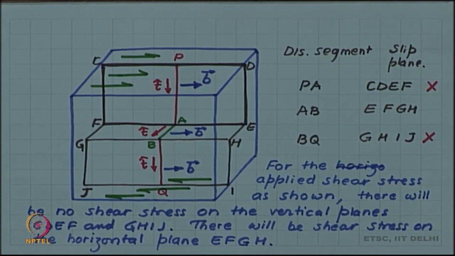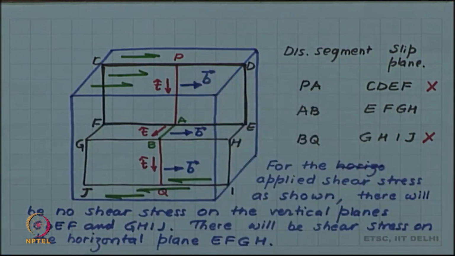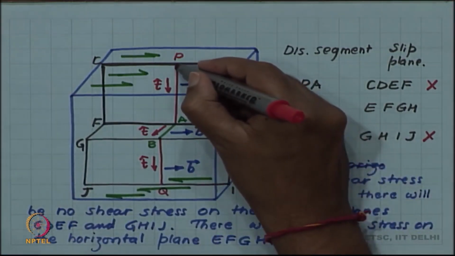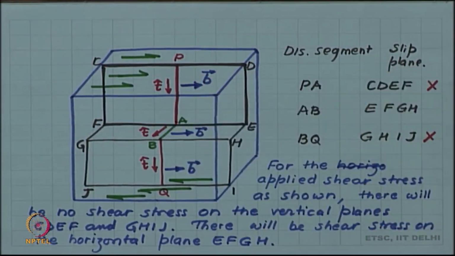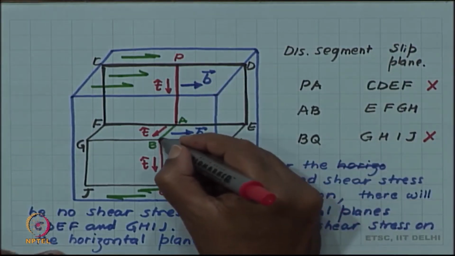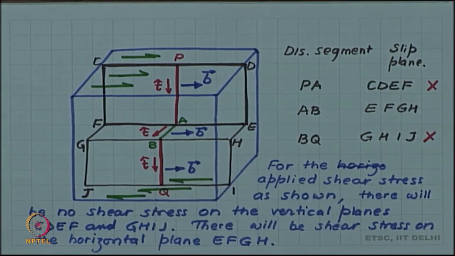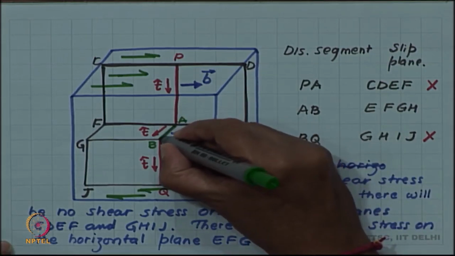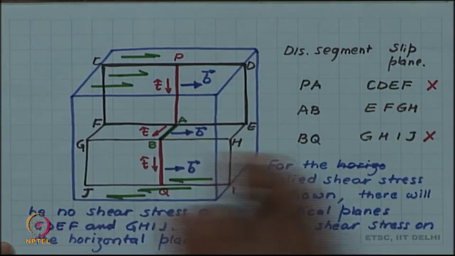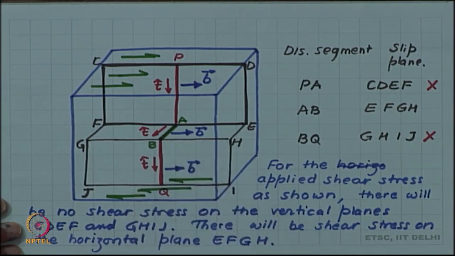This will have an interesting consequence. There is no shear stress on CDEF, so there will be no tendency for the dislocation line segment PA to move. So, PA will not move. Similarly, BQ will not move. So, PA and BQ will be immobile, but the dislocation segment AB will feel a stress in its own slip plane, and so it will like to move according to that stress.